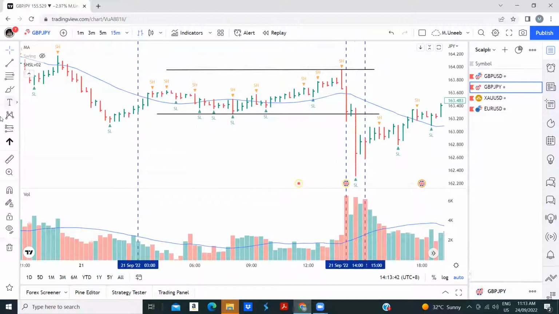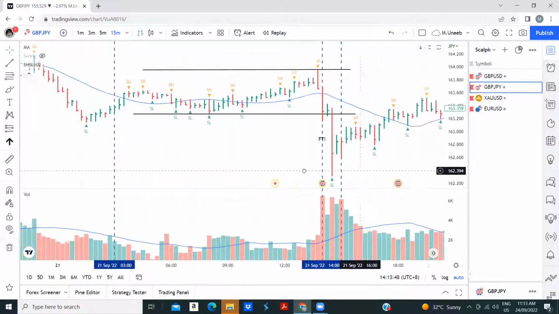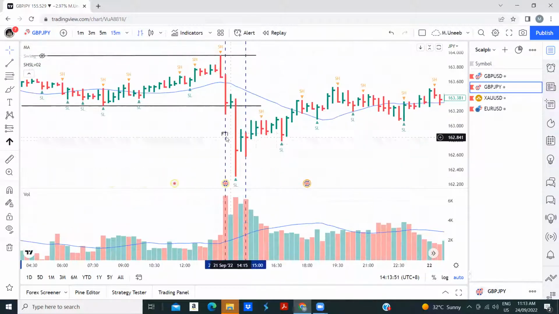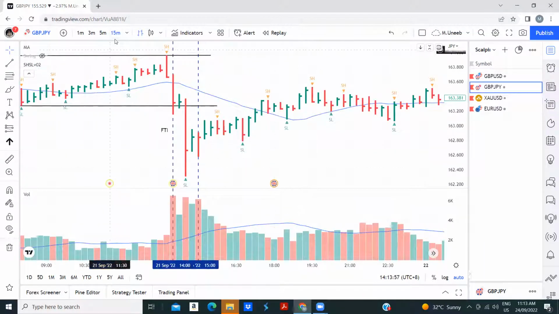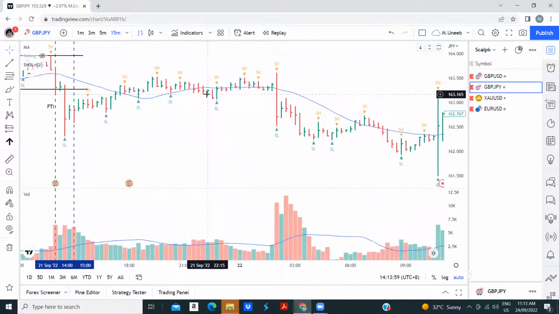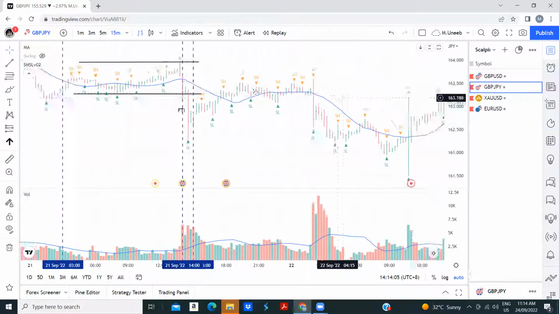The huge breakdown, FTI, right? Falling through ice. But after this falling through ice, what do I see? The price will redistribute again. After FTI, this whole range will be redistribution, you see.